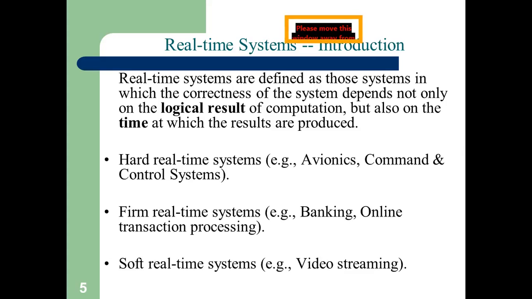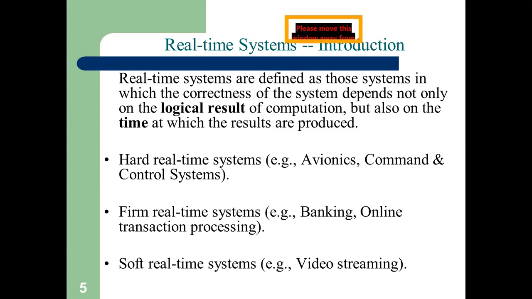Everywhere we are using them, whether in defense, air force, or army, and these are also based on command and control systems. Wherever we use control systems, there is a big role for real-time systems.